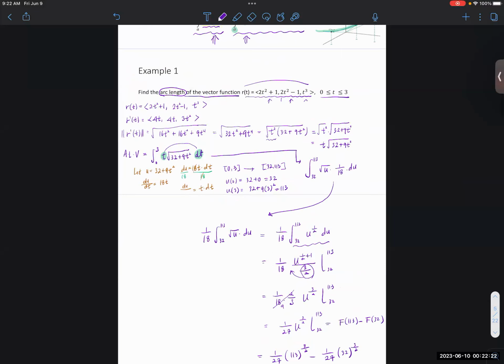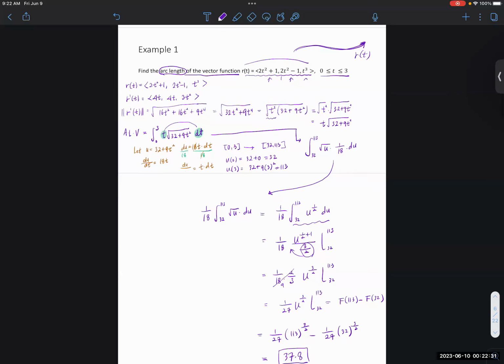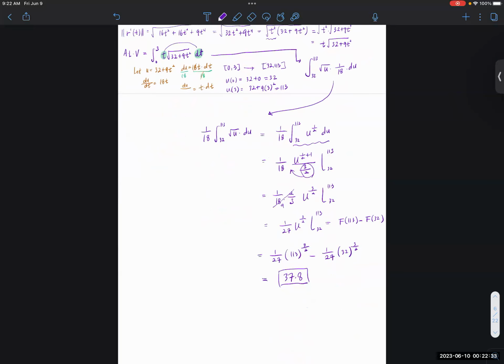So this creates a curvy line because it's a vector valued function. We just found the length from 0 to 3, which is 37.8. That's how you do it. How do you feel? Does it make sense to you? In calculus 3, the concepts are not really difficult. It's pretty similar to what you learned in calculus 1 and 2.